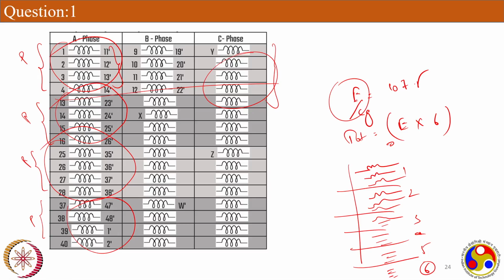Current will increase six times if you are connecting six coil groups in parallel. That is correct, no, sir? Yes. Connecting in parallel, it would increase six times. There are six coil groups you have. Ultimately, if you want to increase current, connect in parallel and six times the current would increase. If you want to connect in series, voltage would increase six times. That's correct.